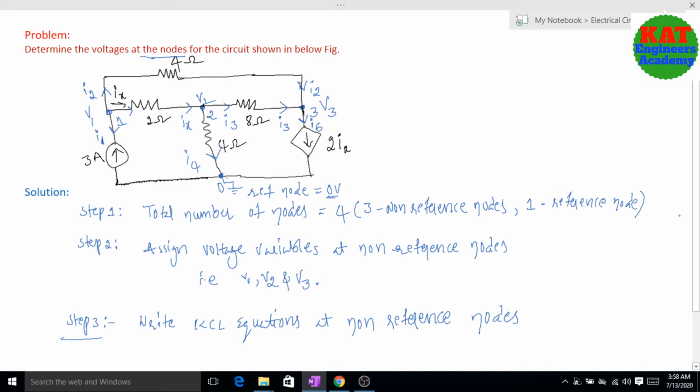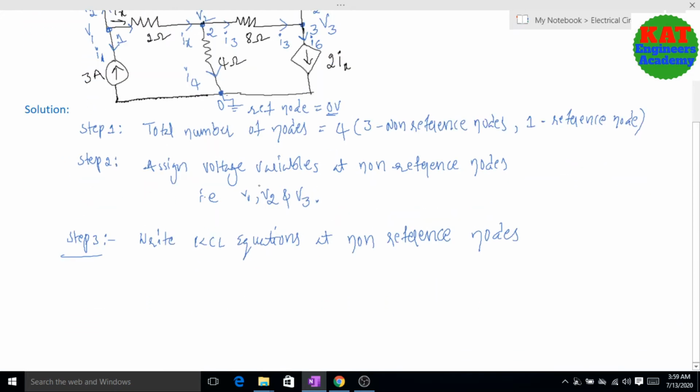So first step, write the KCL equation at node 1. What is the KCL equation? I1 plus I2 plus Ix equals 0. All are outgoing current directions.